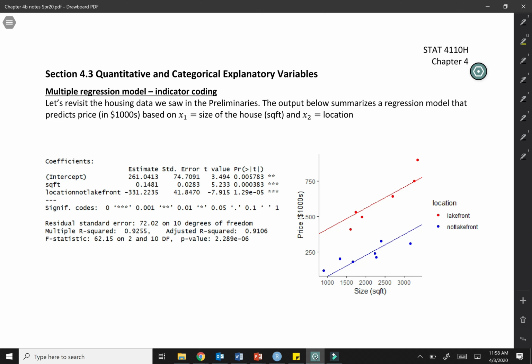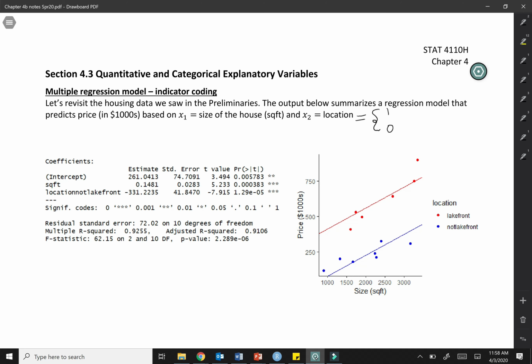So let's look at our Chapter 4b notes. Notice that we have two x variables here: size of the house, which is what we were using before, and location. Location, I said, is going to be an indicator variable. Indicator variables have just two values, 1 and 0. So 0 is like the baseline group. Remember, when we're looking at output like this, this says location not lakefront.